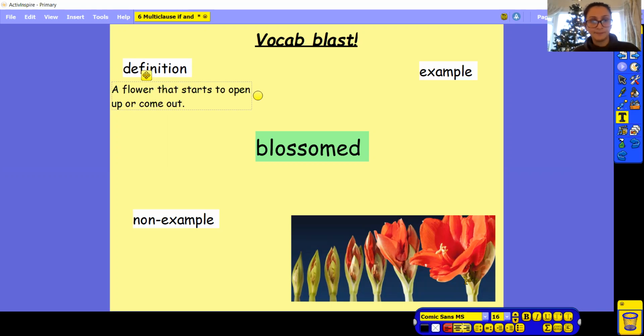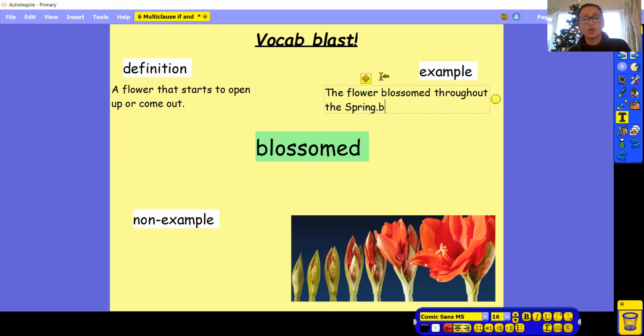So as you can see, this flower is starting to blossom over time, started to come out, started to open up. An example of this in a sentence could be, the flower blossomed throughout the spring. That's when flowers tend to grow, isn't it? It starts to blossom and come out there.